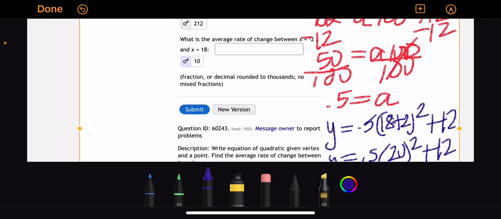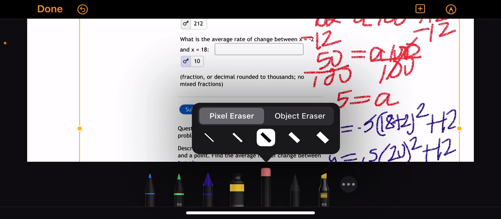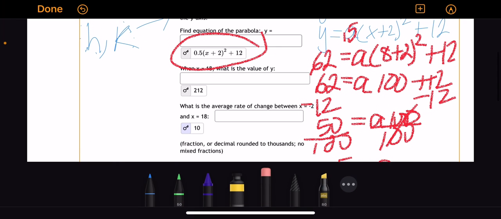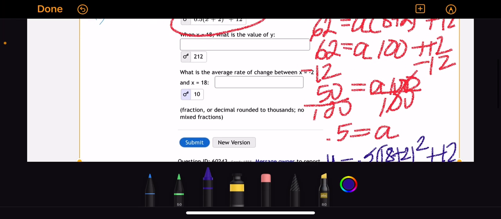So now you got to plug in -2, and then we got to plug in 18. Let me see if I can erase everything here and do all this again. So now you have to find what y is when x equals -2 and x equals 18, right?